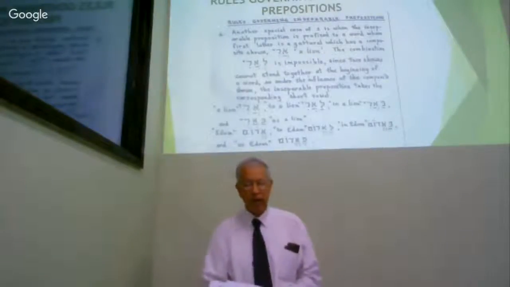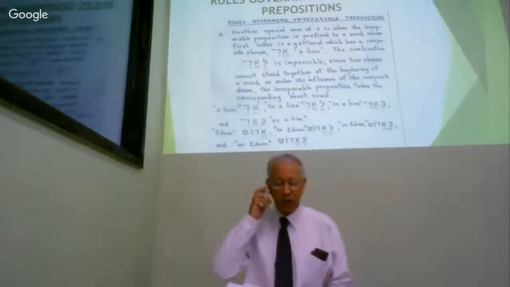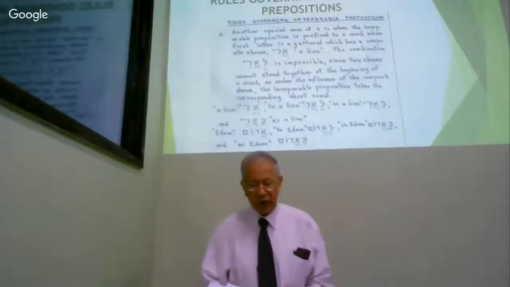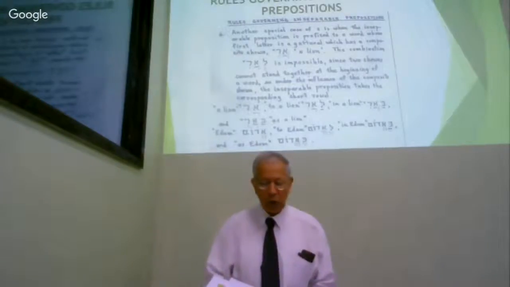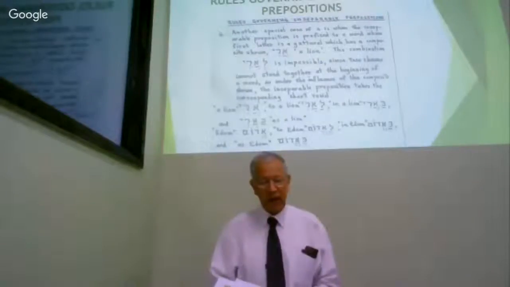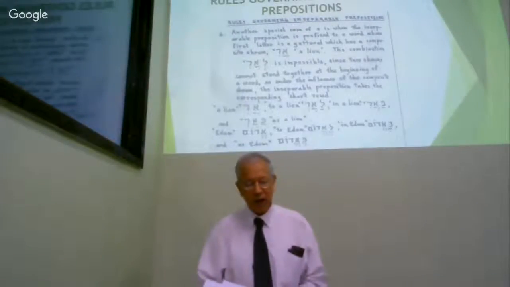Another special case of 2 is when the inseparable preposition is prefixed to a word whose first letter is a guttural, which has a composite shewa, like in this word, ari. Notice that under the aleph, you have a hateph pathah.